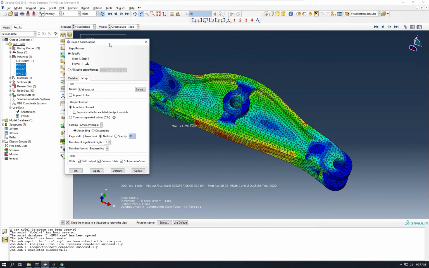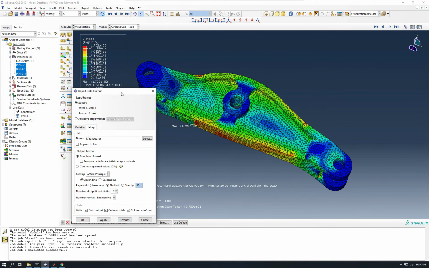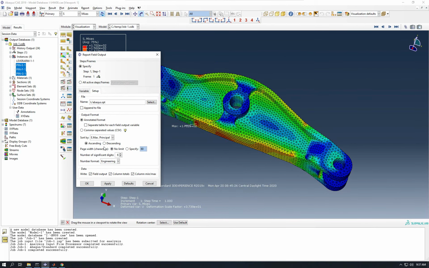Since I already know that this must be a high number, I will sort this by max principal in a descending way. Everything is okay, and I click on OK.